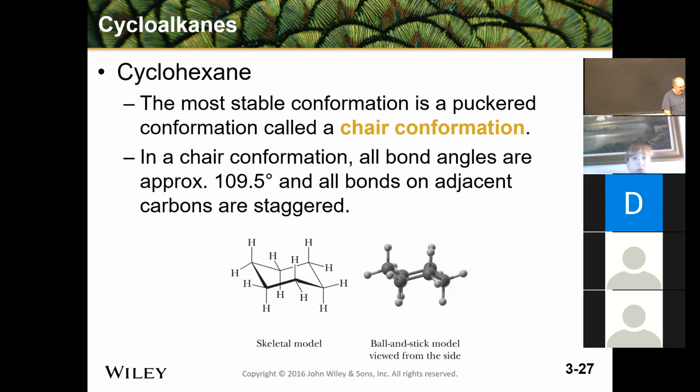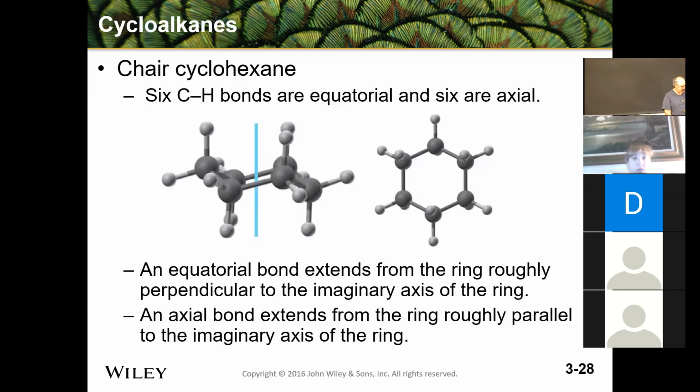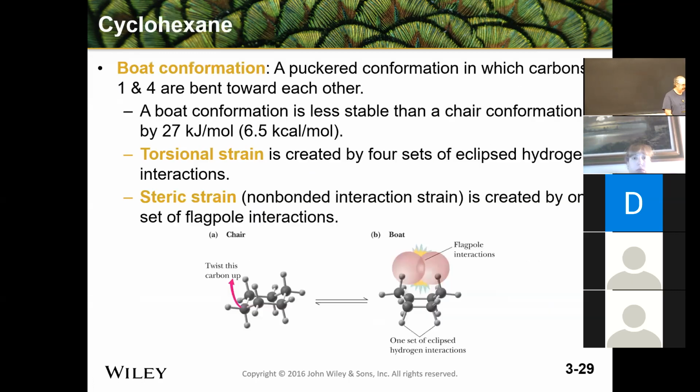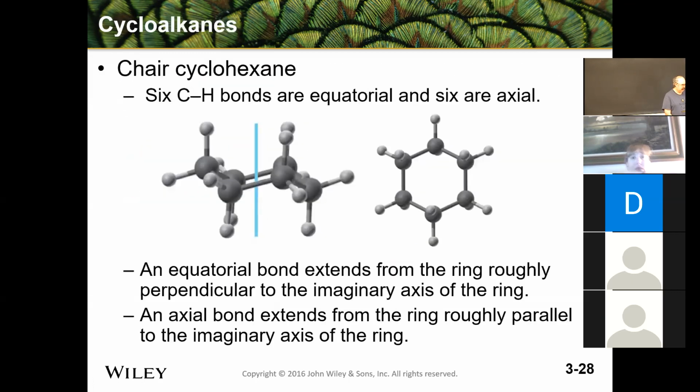It goes from one chair to the other. In the chair form of cyclohexane, you have 6 hydrogens which are axial, that is straight up and down, and then you have 6 that are equatorial, basically horizontal.